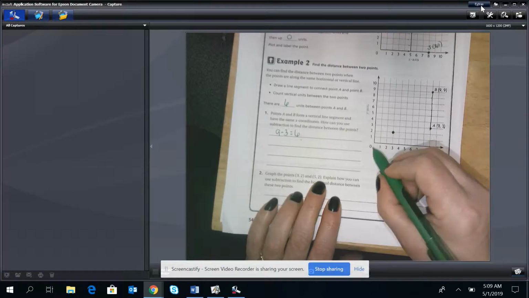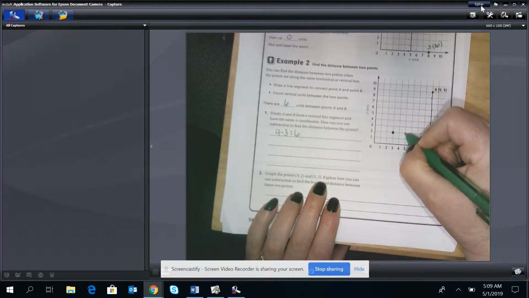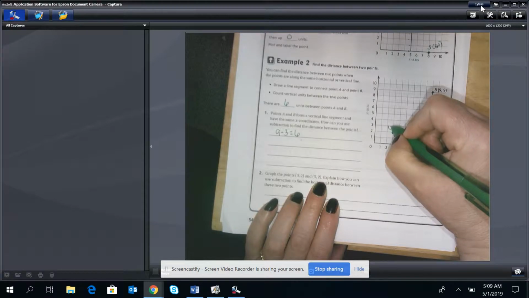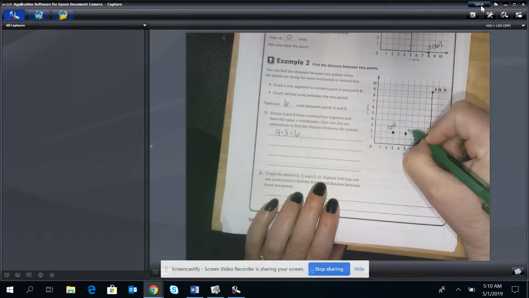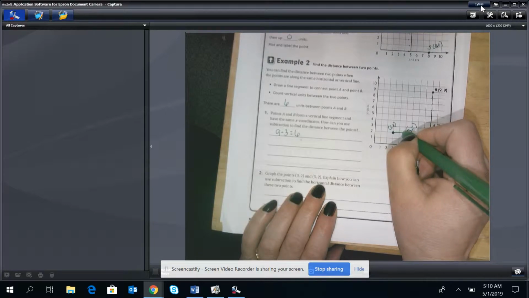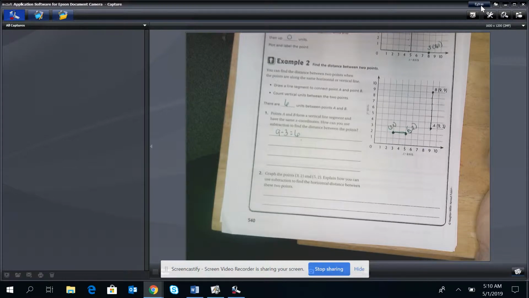Now we want to go over to right 5 and up 2. Okay, now draw a line segment in between those. And I want to find the distance, and I can count the units, 1, 2.